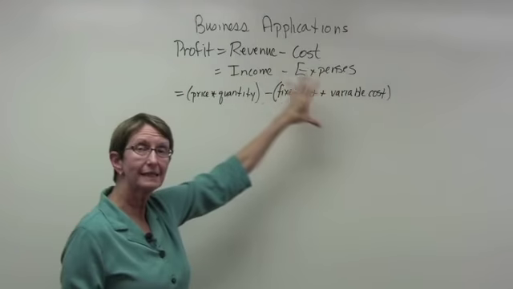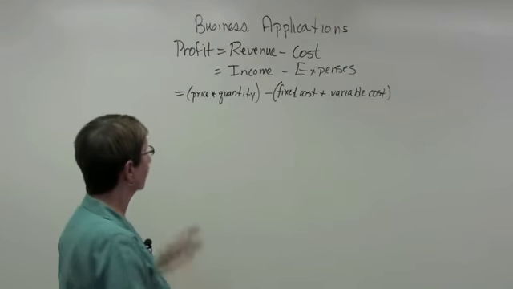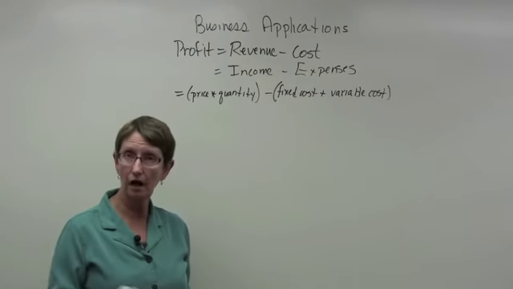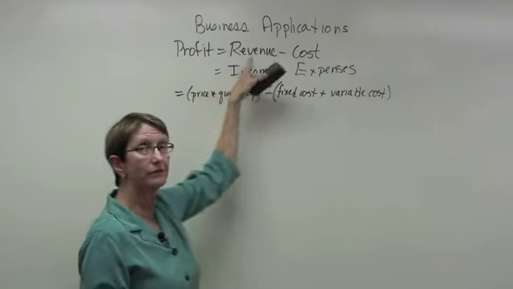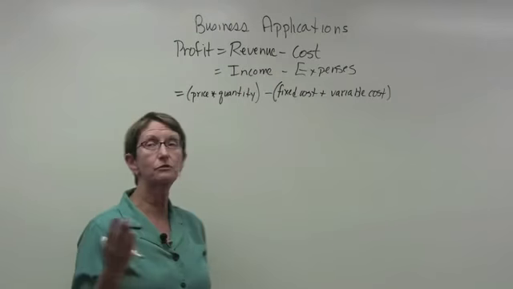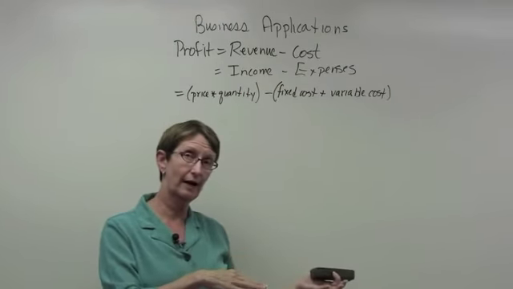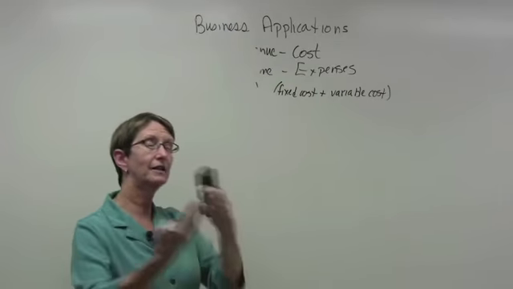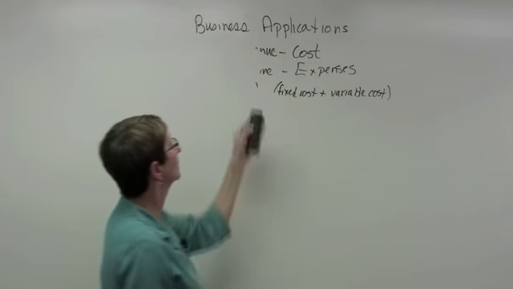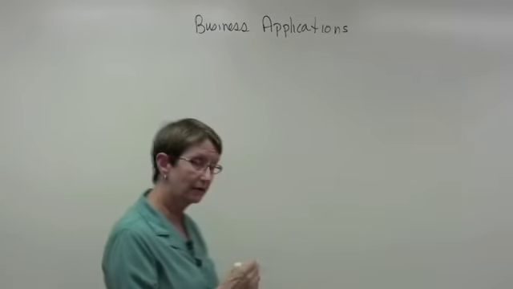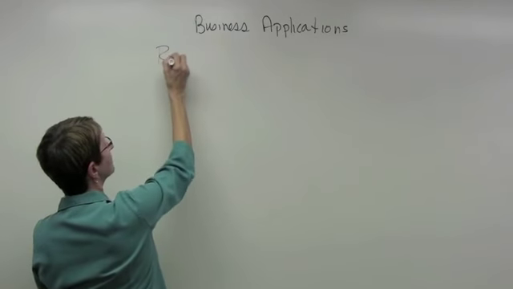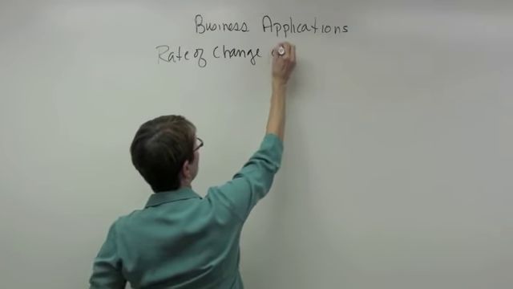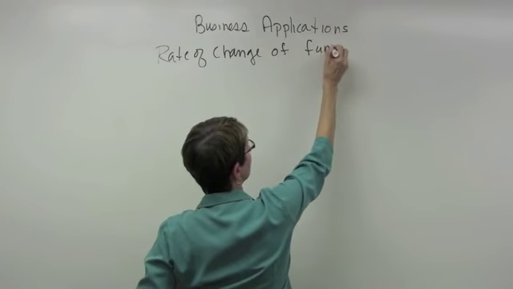So all of this is our basis for what we're going to look at in this section, which are the rates of change of these profits, revenues, and costs. Now, the rates of change we studied in differential calculus. But now we're studying finding the original function given the rate of change. And a rate of change here for these problems would be the marginal of that function, whatever your function is.